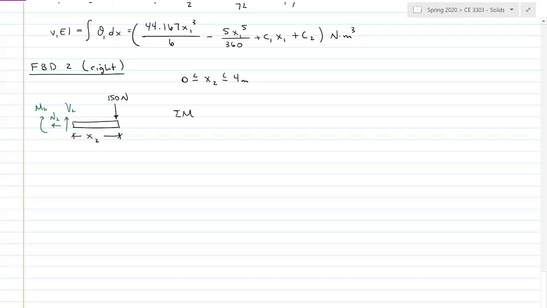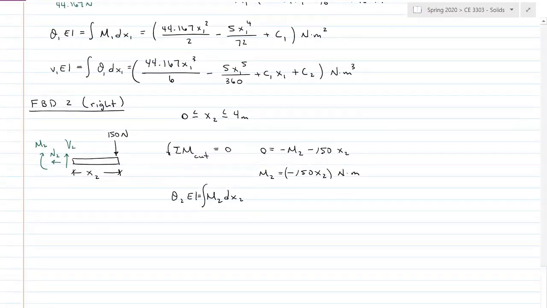If I sum moments about the cut again, counterclockwise is added, I will have minus moment 2 minus 150 x2. So my moment 2 is equal to minus 150 x2, and again that's in Newton meters. So slope times EI is the integral, equals m2 dx.